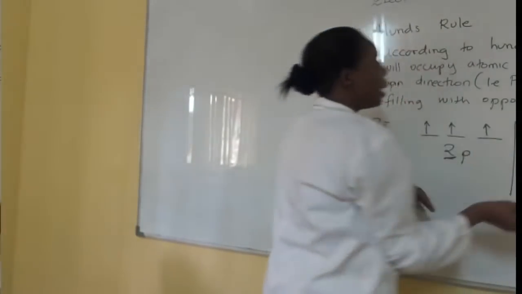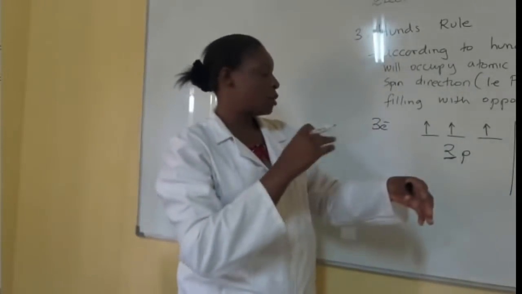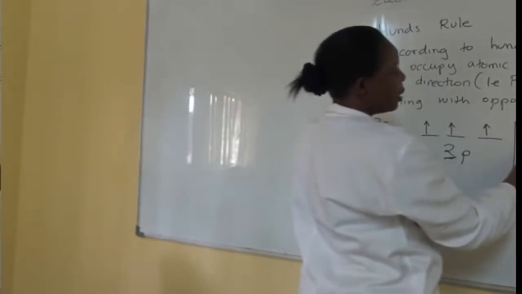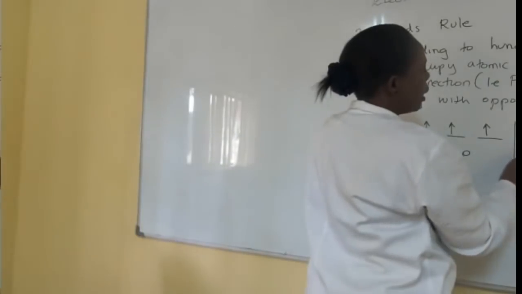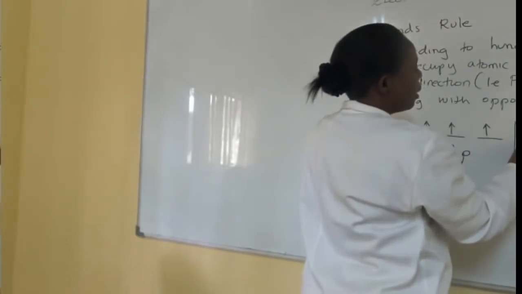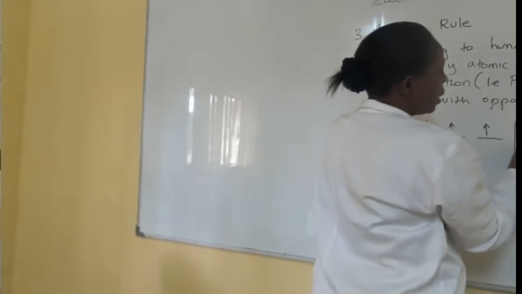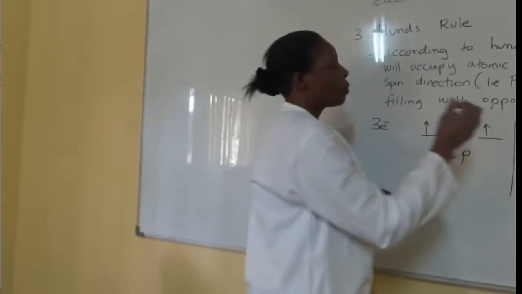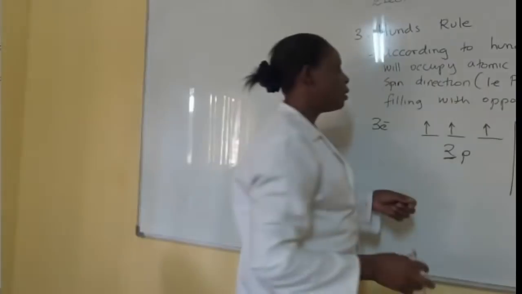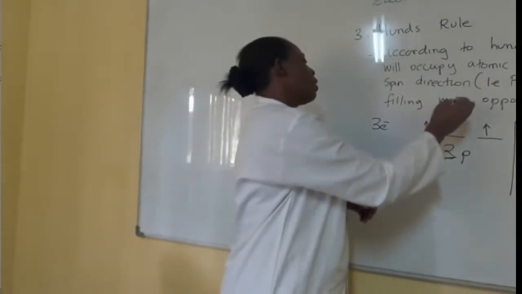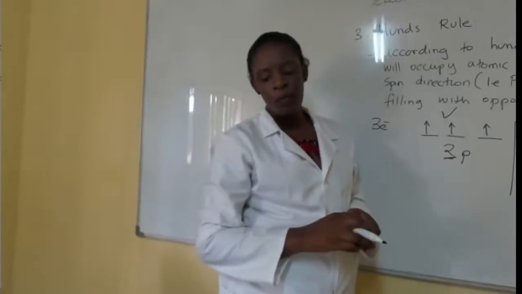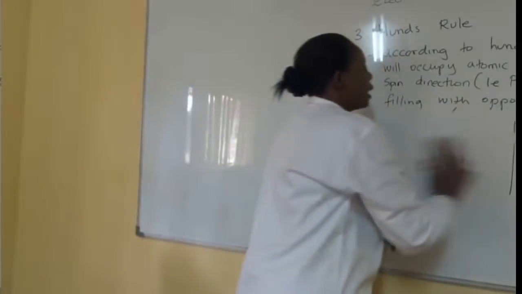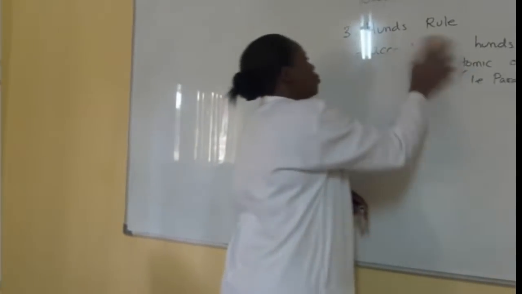They will occupy the same spin direction before you start filling with the opposite spin direction. Since these orbitals are degenerate, there's no way you can leave one orbital empty and completely fill another one. So this is the wrong way of filling the orbitals, and this is the correct way, according to Hund's rule.